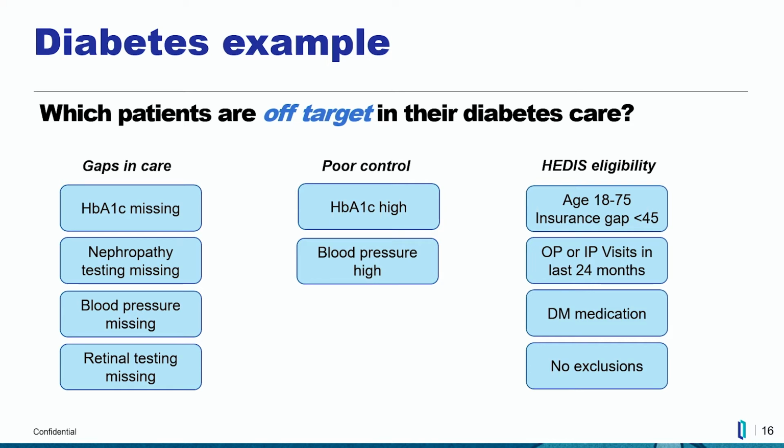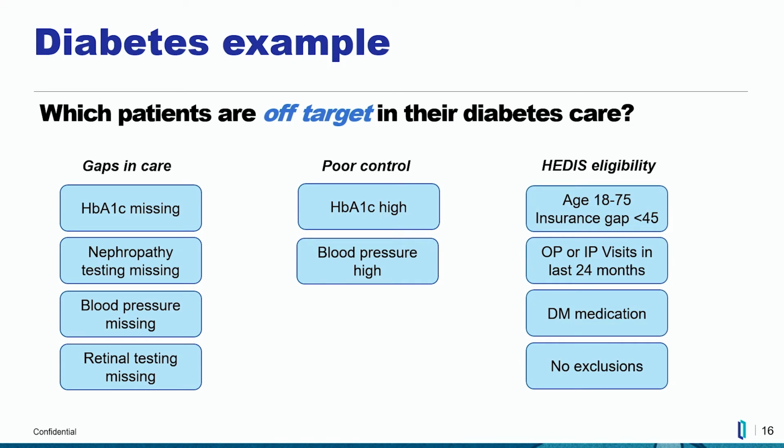Also, I want to know who's in good control and poor control around hemoglobin A1C, which is a test of glucose control, and also blood pressure. You know, is it high? Is it normal? And each of these areas you can think of as having SQL queries behind it. So to answer questions about this, I have to start kind of doing query after query after query and putting them together to find these people.